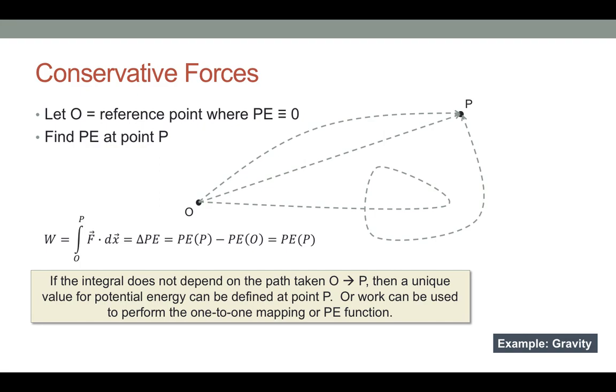But the vertical motion will always be the same if I'm starting at O and ending at P. The vertical displacement will always be the same. Therefore, gravity is an example of a force where the work done from O to P does not depend on how you go there. Therefore, gravity is a conservative force, and I can give a unique value for the gravitational potential energy at P once I have defined the value at this reference point.